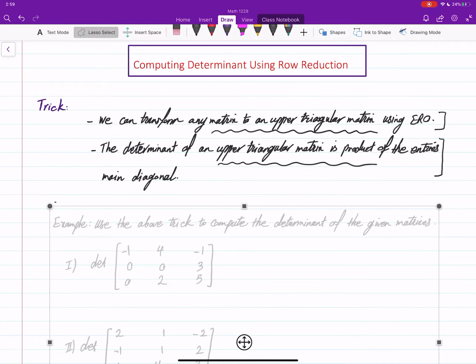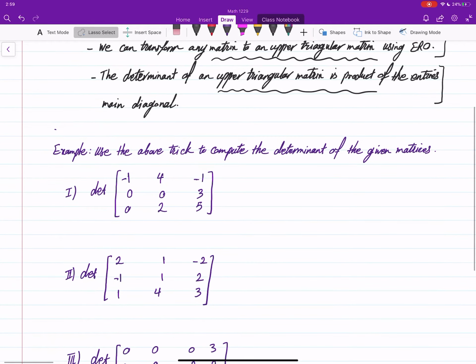Let's see this in some examples here. Okay, here I have the first one. You see, to change this to an upper triangular, it's enough for me to interchange these two rows.